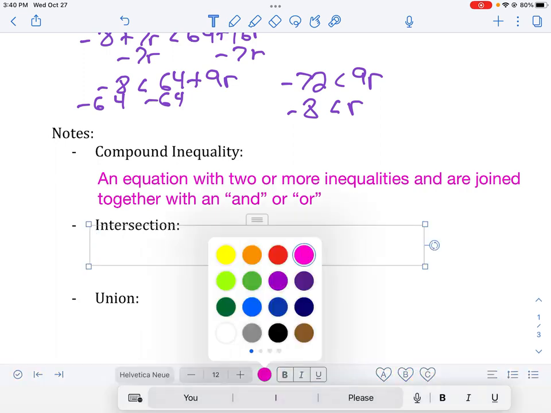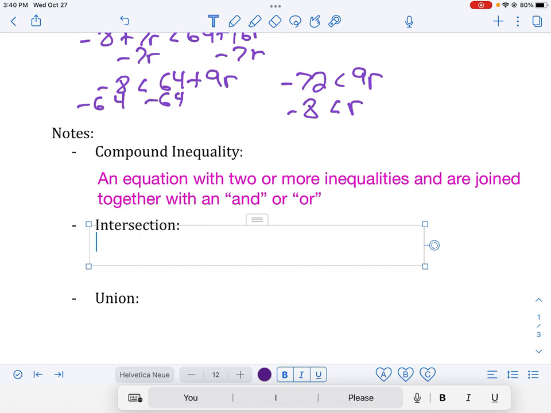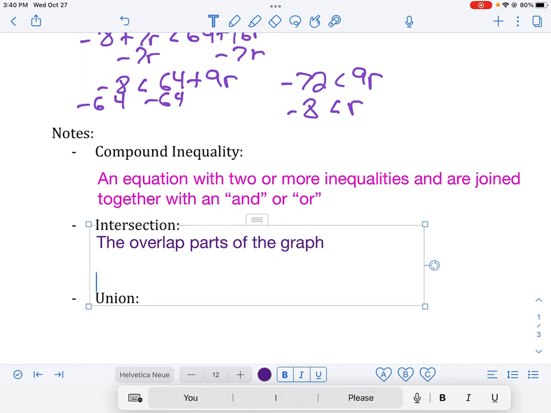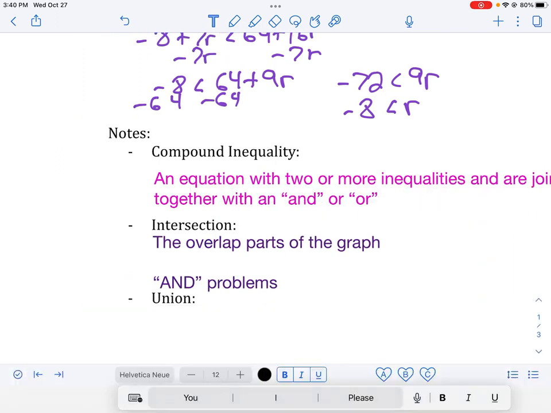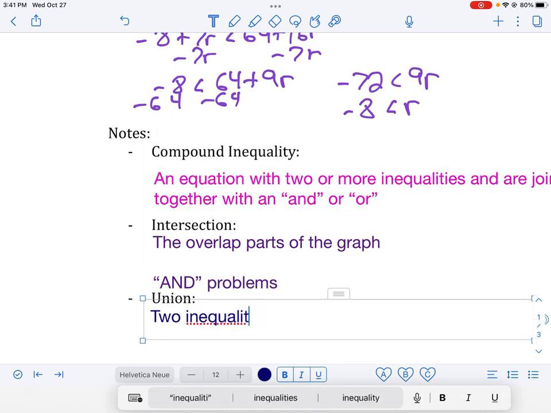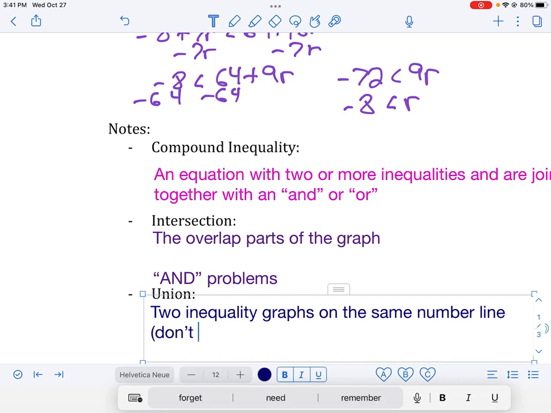So an intersection, that is the overlap parts of the graph. These are always going to be "and" problems. So when we talk about intersection, that is going to be our "and" problems. And union, this is two inequality graphs on the same number line, and they don't overlap.